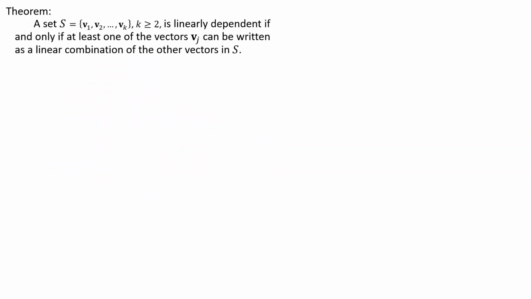Next, we have a property of linearly dependent sets. A set S, where k is greater than or equal to 2, is linearly dependent if and only if at least one of the vectors V sub j can be written as a linear combination of the other vectors in S. For example, given the set S, this set S is the one given in example 2, and we have shown that this is a linearly dependent set.